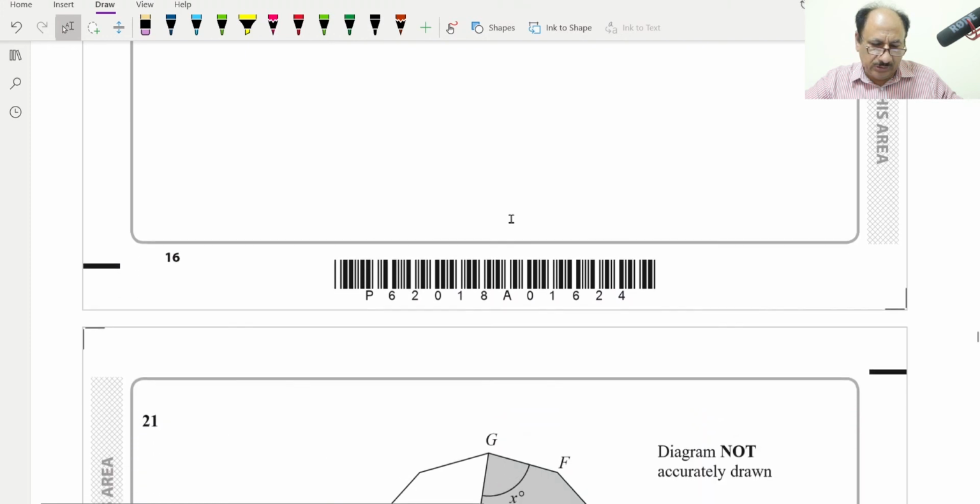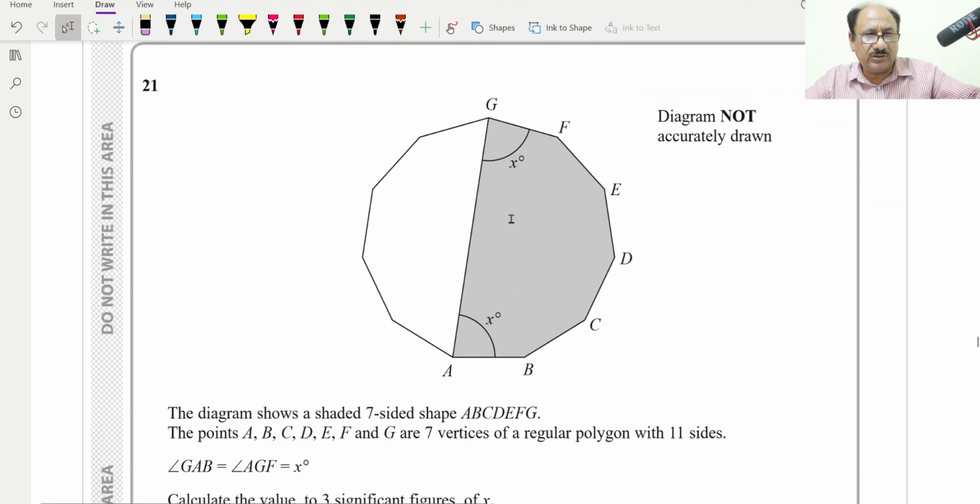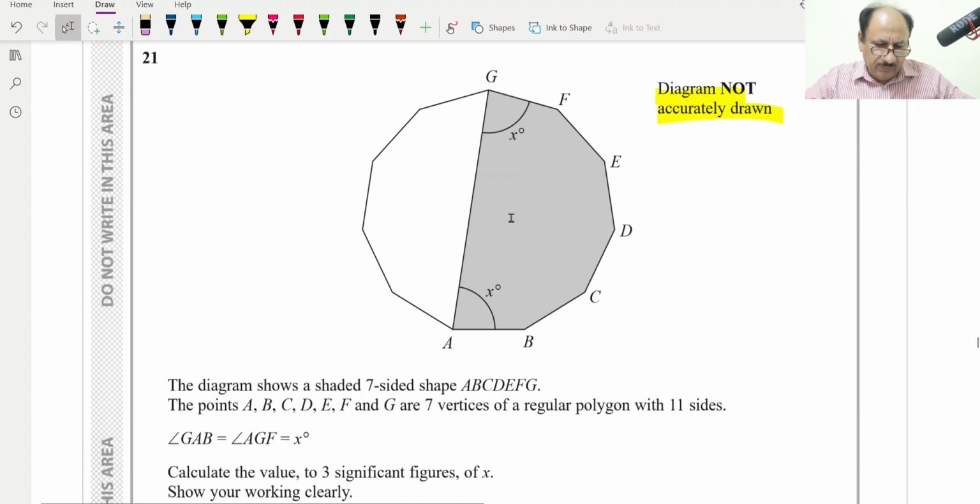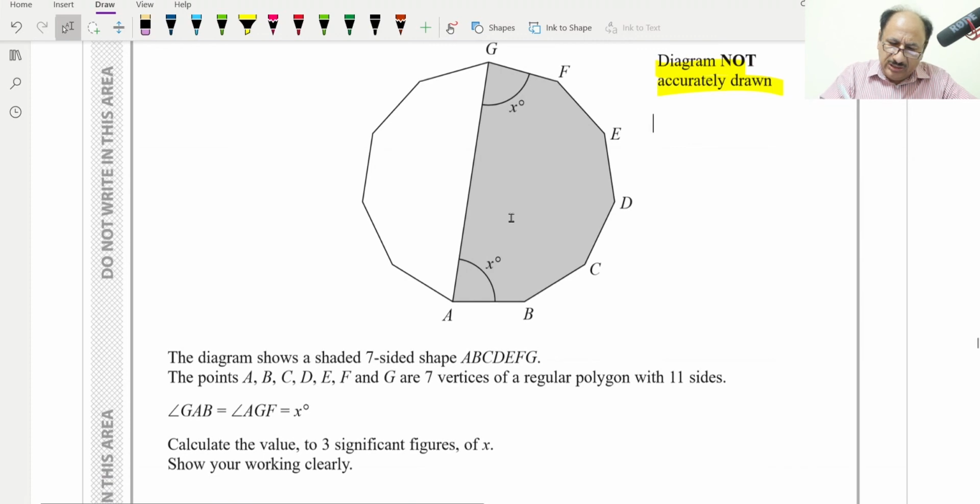Then question number 21. Question 21 is also a drawing which is not drawn accurately. The diagram shows a shaded 7-sided shape ABCDEFG.